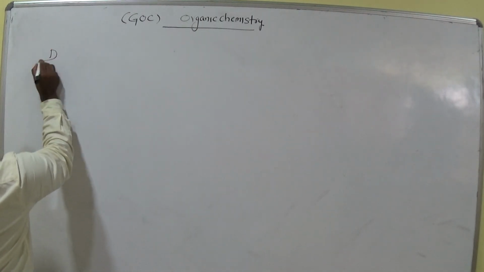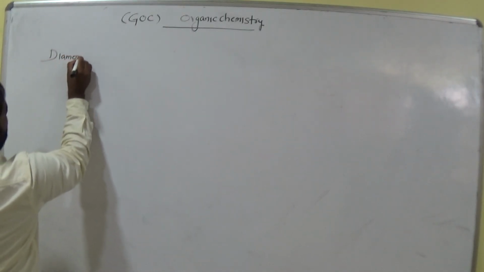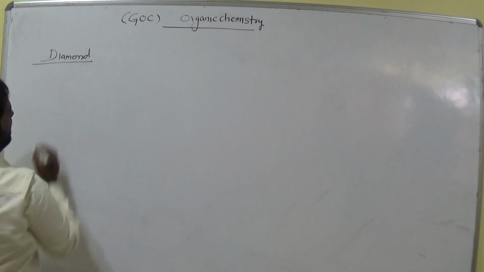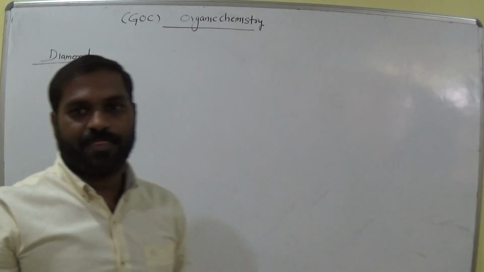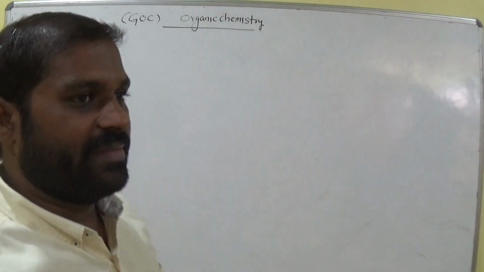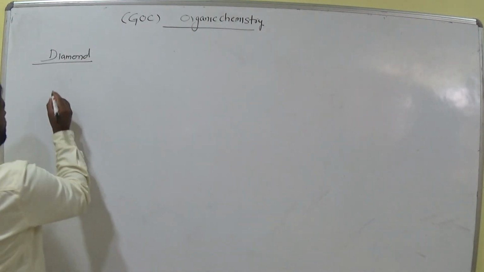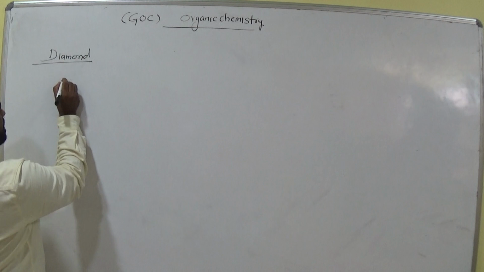Let us discuss the crystalline allotrope of carbon, that is diamond. What is it? Diamond. Listen carefully.